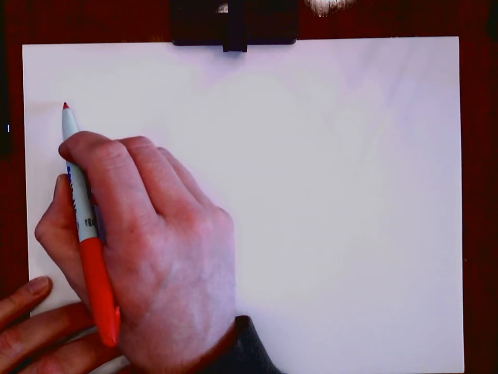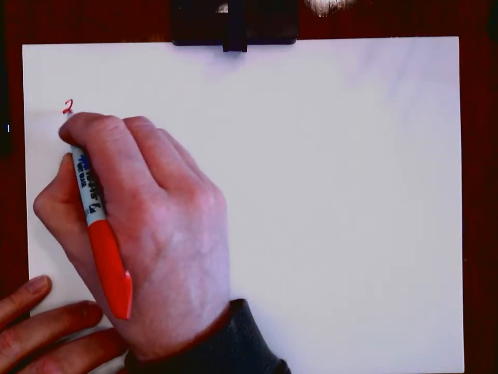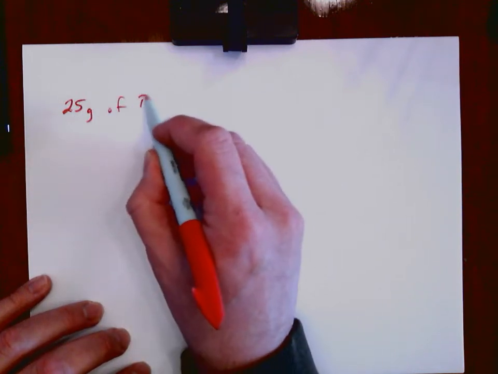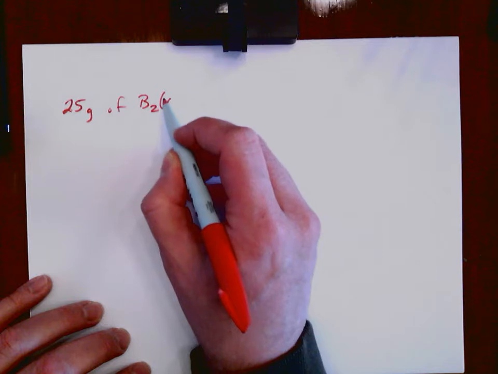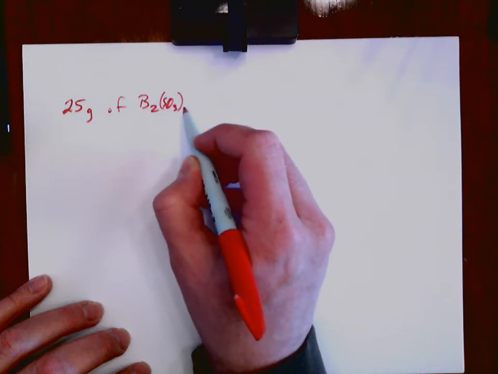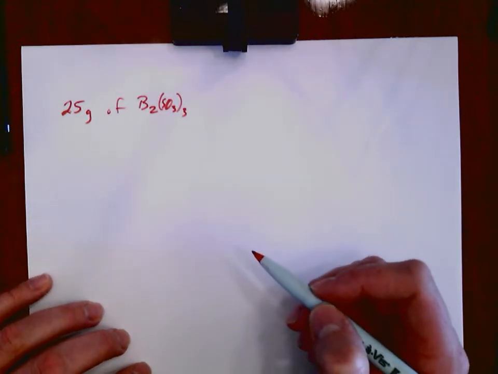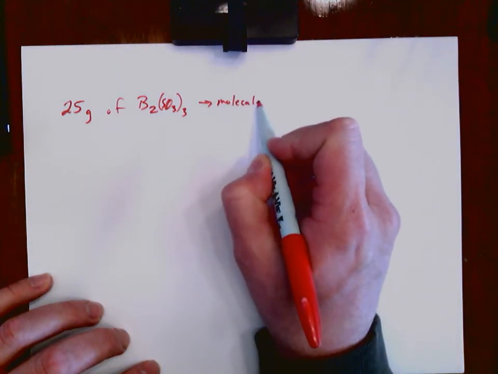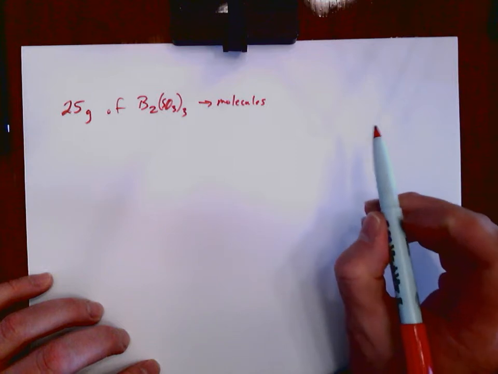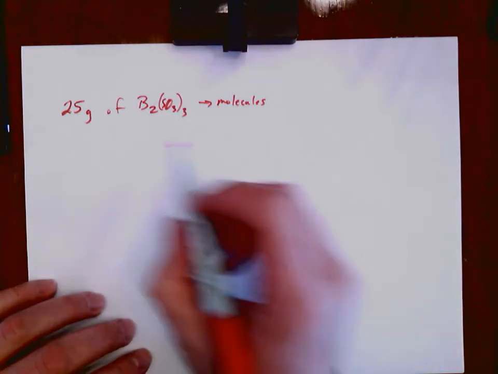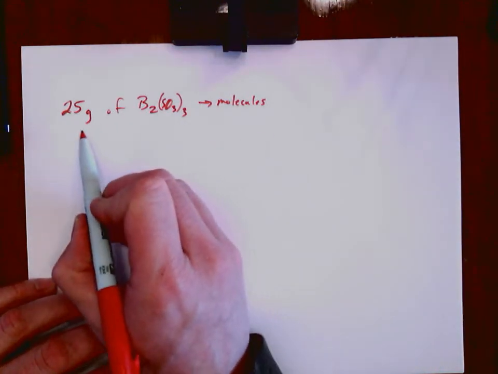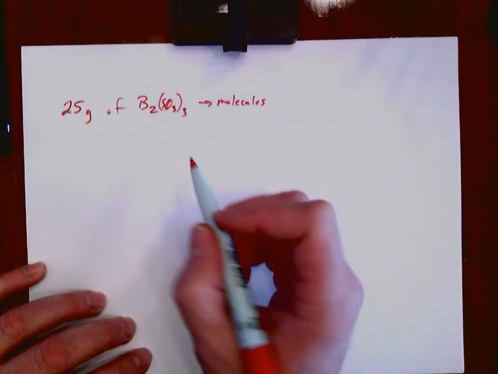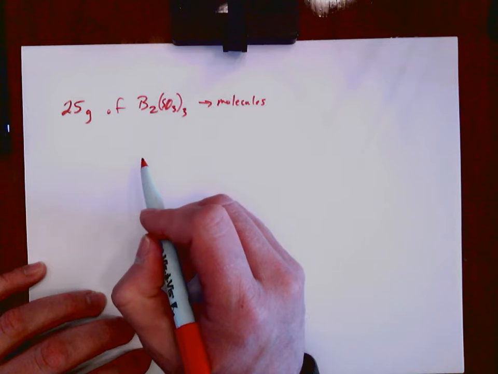One of the questions might be something like, we have 25 grams of B2SO3, and how do we get that into molecules? How do we know how many molecules we have there? Well, if you have grams, the periodic table allows us to get that to moles, and then we convert that to molecules once we have moles.